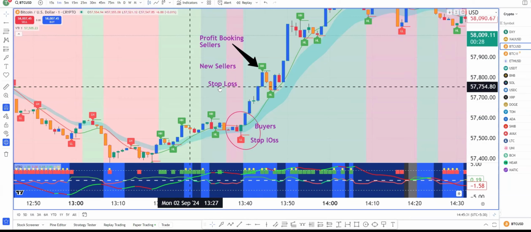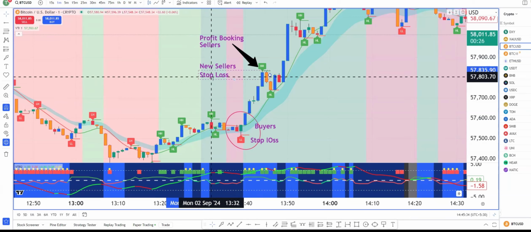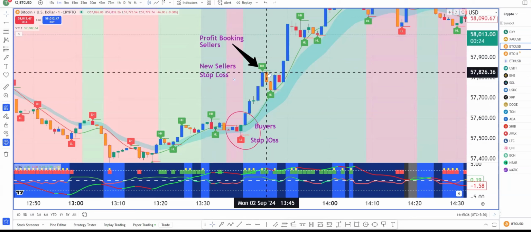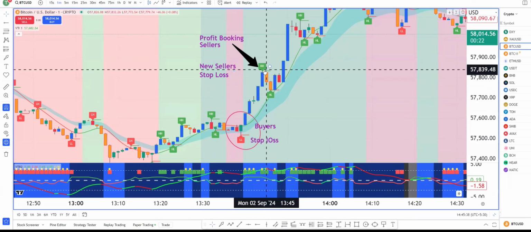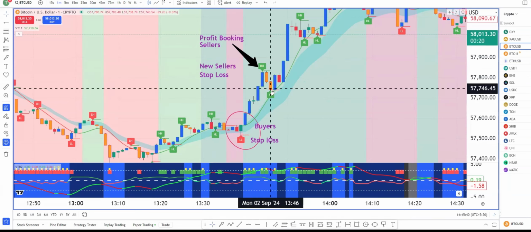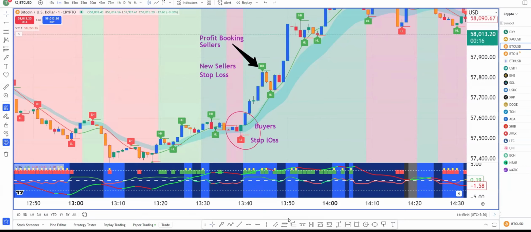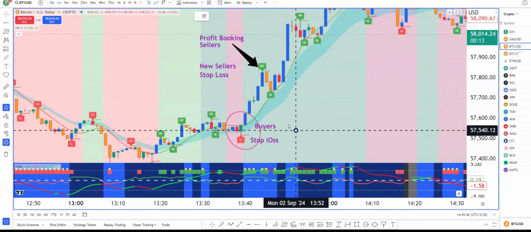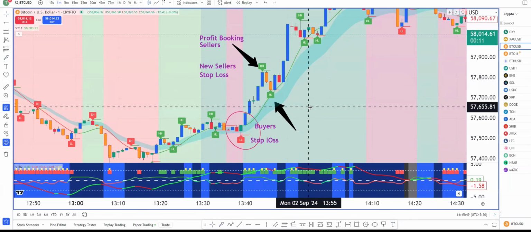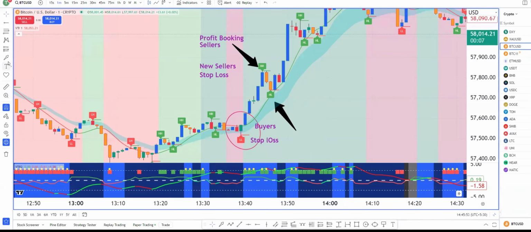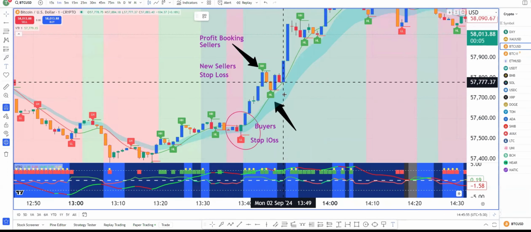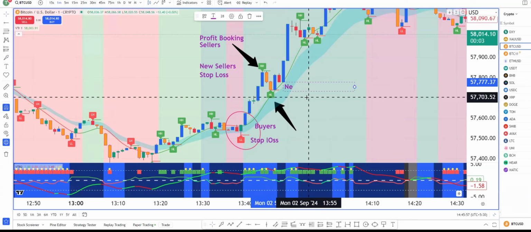This is where they will keep their stop loss. Now, I'm sure you're getting this point. These people have a stop loss here. Now, the price came down two candles. Then buyers said, no, it is still a fair price, let us take the price upwards. There are new buyers who are coming in here.